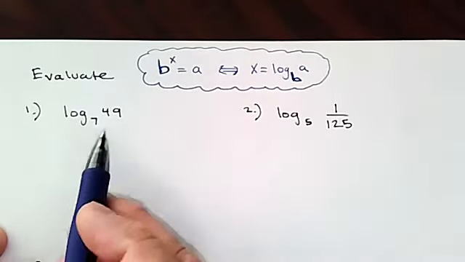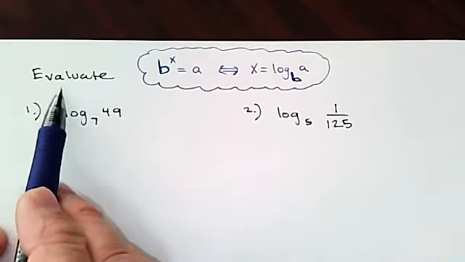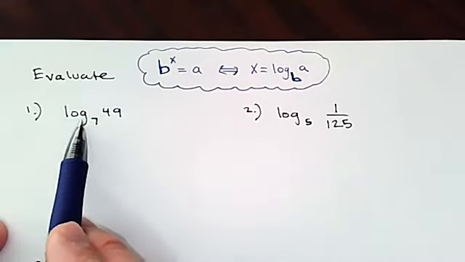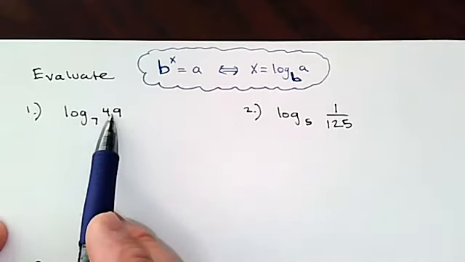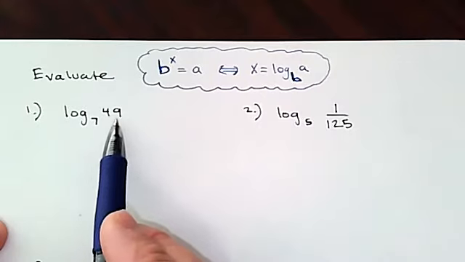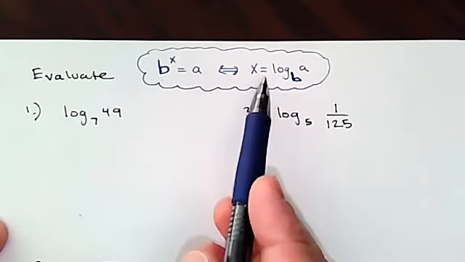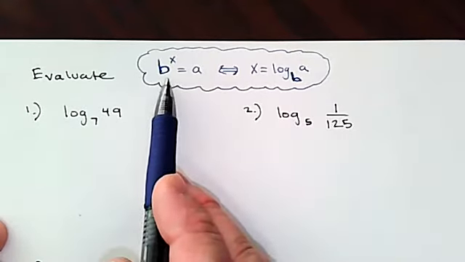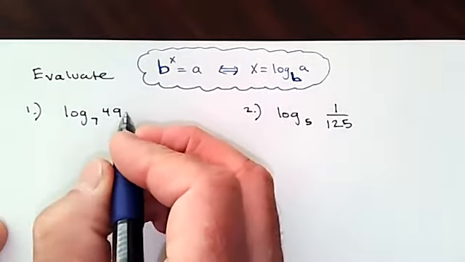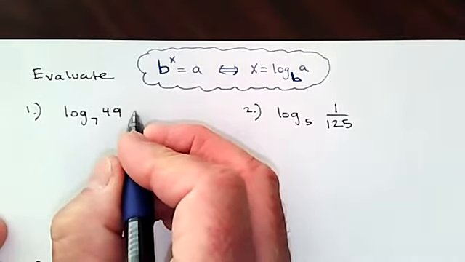So one of the first things you probably will be expected to do with logs is just evaluate a log. So the log base 7 of 49, and to evaluate a log, if you're not sure how to do it, you can always rewrite it into exponential form. Now, one thing that's missing here, of course, is x. And so they're usually written like this, but you could think of it this way.